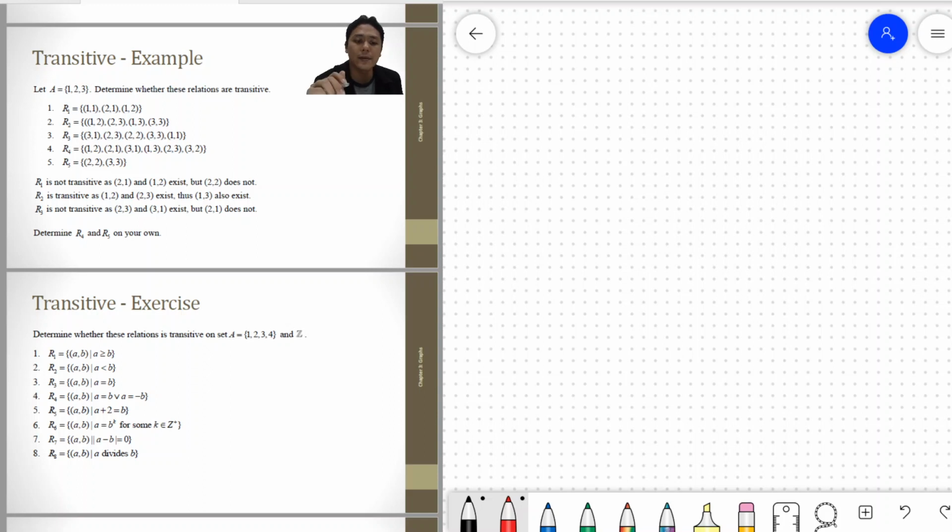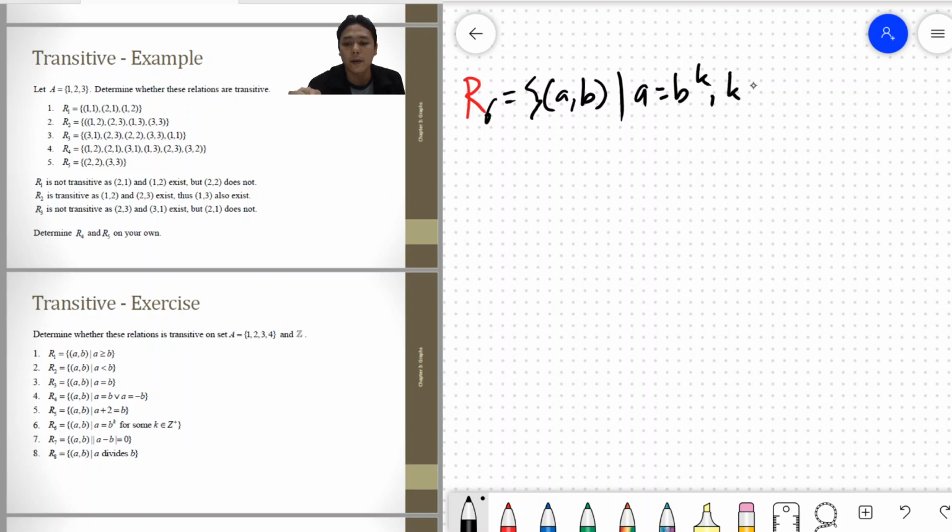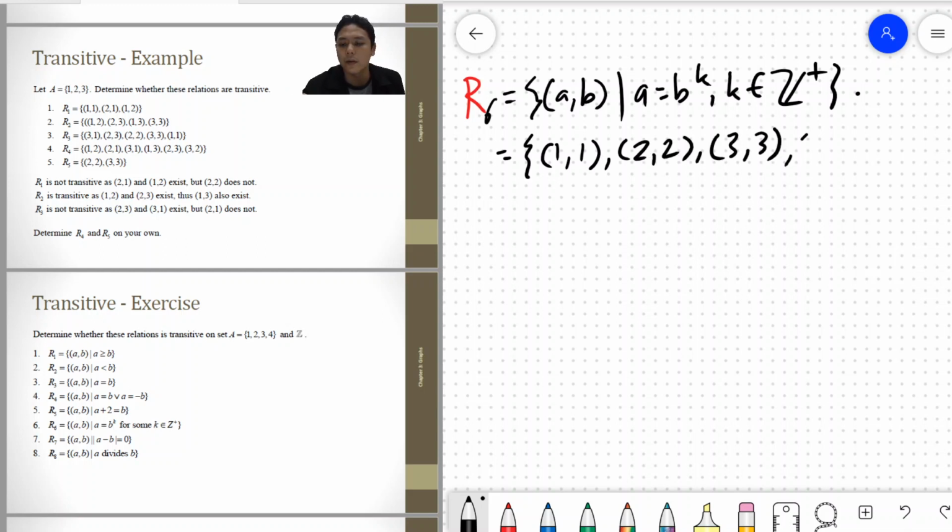We proceed with R6. Let's try R6. A equals B to the power of K. Okay, then what are the elements inside? (1, 1), (2, 2).